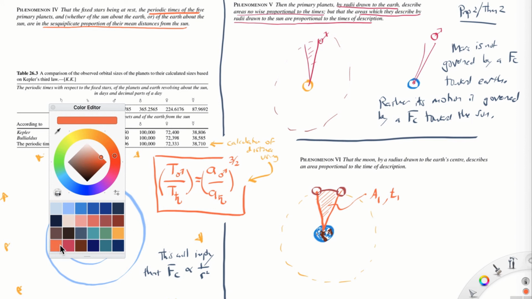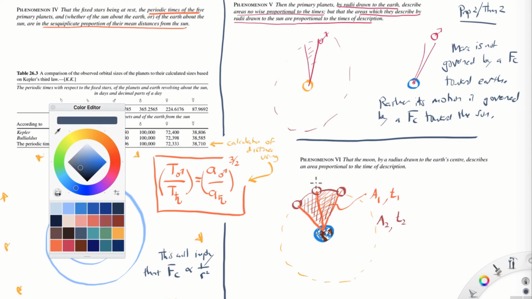And if you were to double the time, area 2 with time 2, you'd find in twice the time it sweeps out twice the area. That is, the area is proportional to the time, or it sweeps out equal areas in equal time increments. Those are all the same kind of statement.